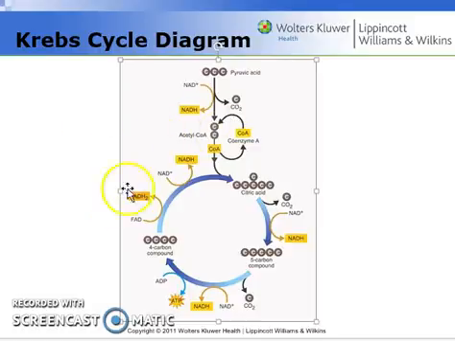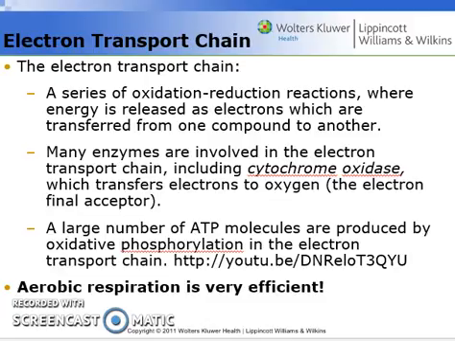Now, once these electron carrier molecules, NADH and FADH2, are generated, they're going to move on into the electron transport chain. And in the electron transport chain, here we have a series of oxidation reduction reactions where energy is released as electrons are transferred from one compound to another.